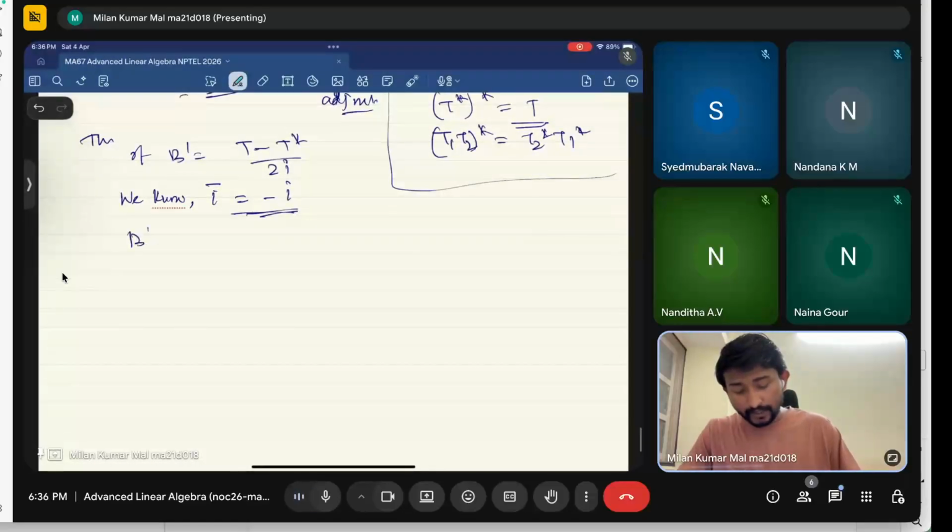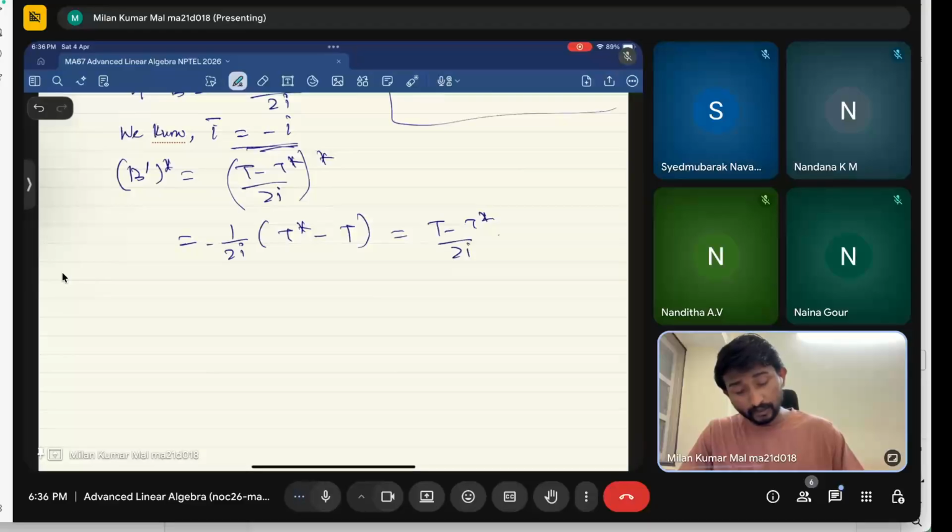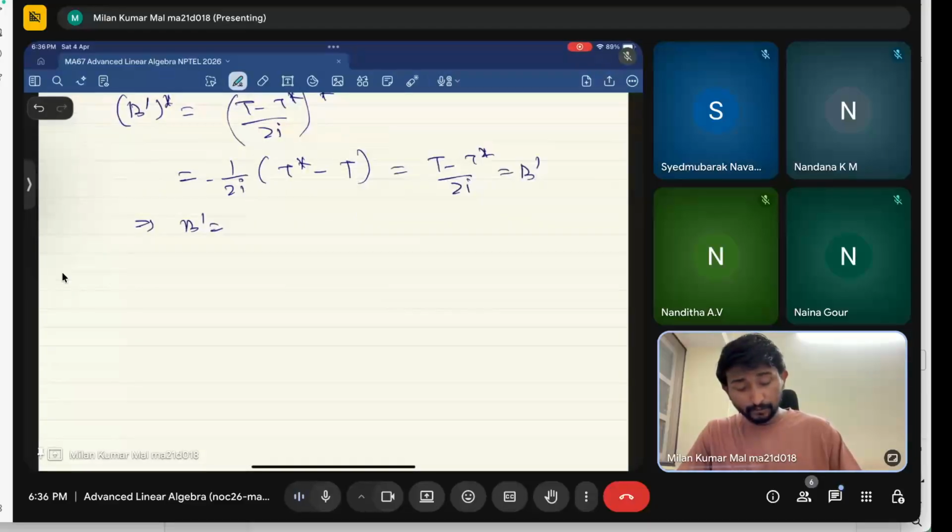So B prime star is the adjoint of (T - T*)/2i, and 2 is a constant, there will not be any problem, but this will be minus 2i, right? And here it is T* - T, and that will equal (T - T*)/2i, which equals B prime. So B prime is self adjoint.